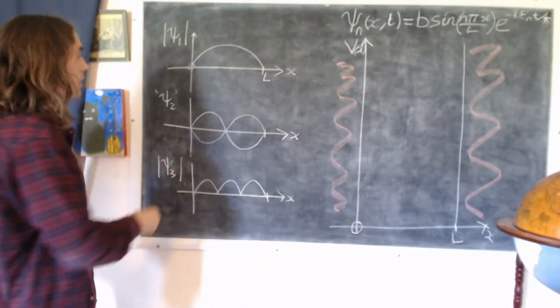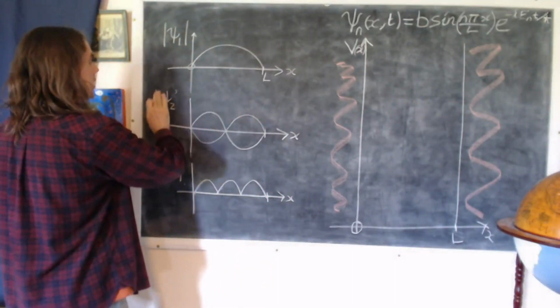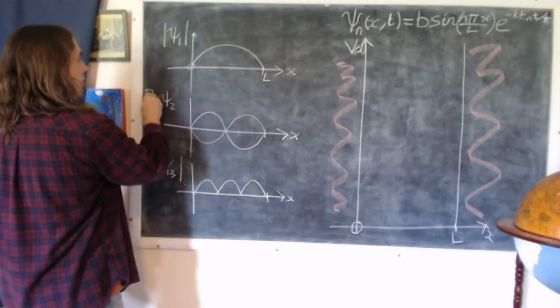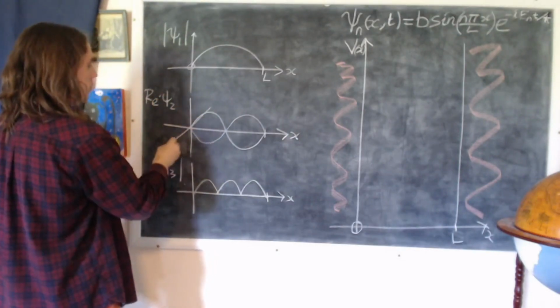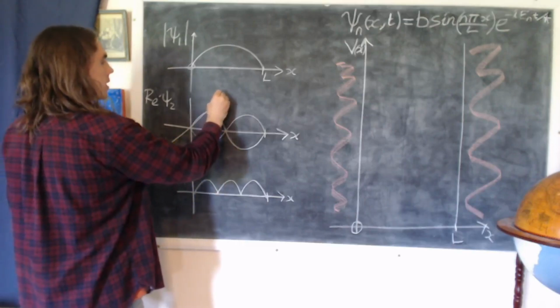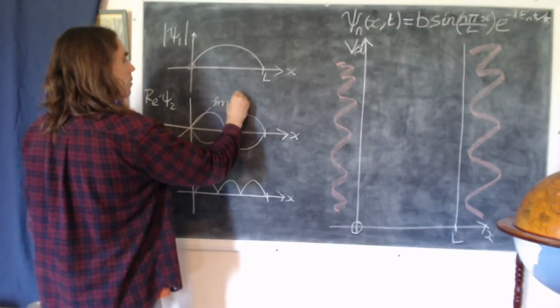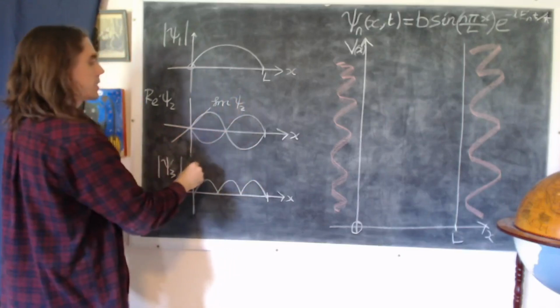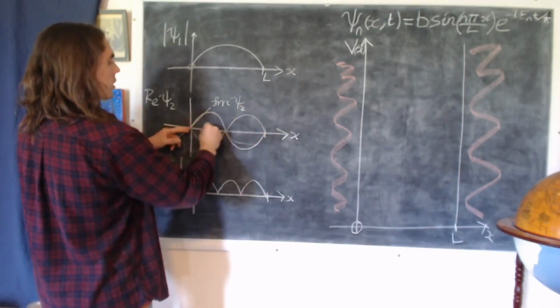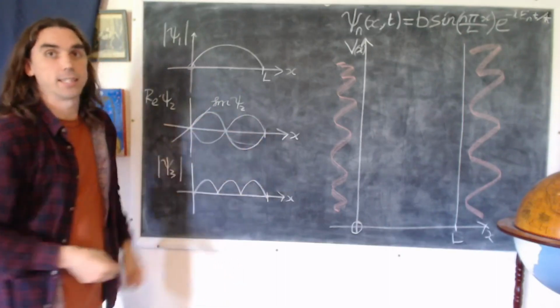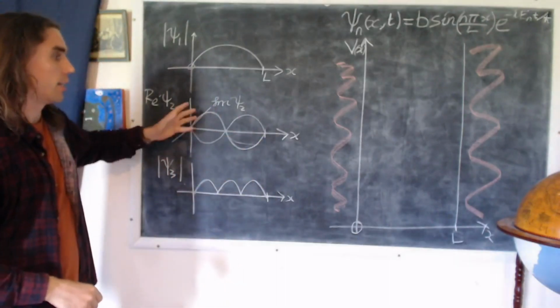But in general, what we really have here is the real part of psi plotted here, and we have another axis coming out of the board at 90 degrees, which is, say, the imaginary part of psi2 in this case. And really what happens is that this original wave function winds around the axis in the complex plane as it evolves in time.